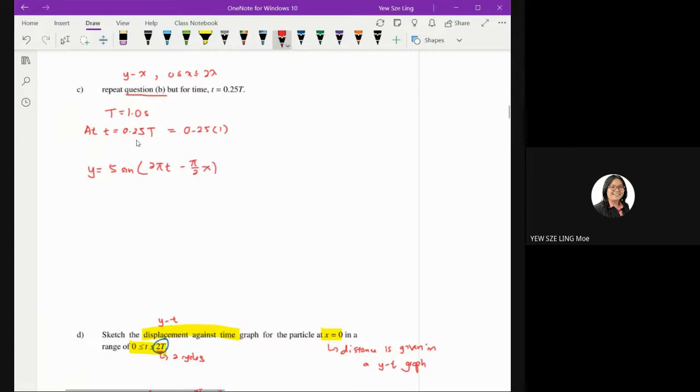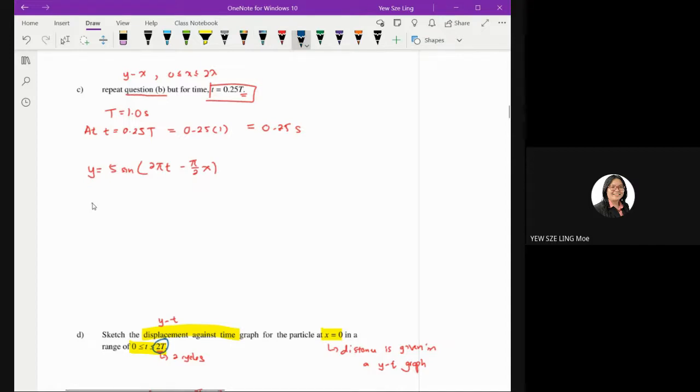Just now in question A, we managed to calculate the value of the period, which is 1 second. So at t equals 0.25 T, small t is 0.25 second. You just sub the values into this relationship. So at t equals 0.25 second, what do we have?